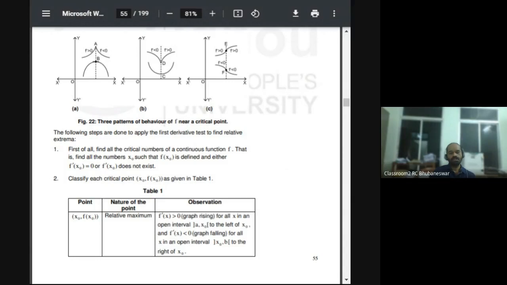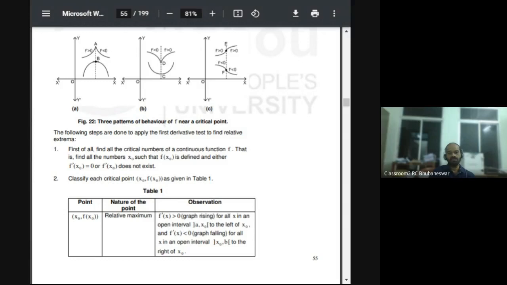If we slightly move to the left of this point B, then the first derivative of the function at the left side of the point B, though it is 0 at B, will be positive. Similarly, if we turn slightly right to the point x0 on the right-hand side, then the slope will be negative.